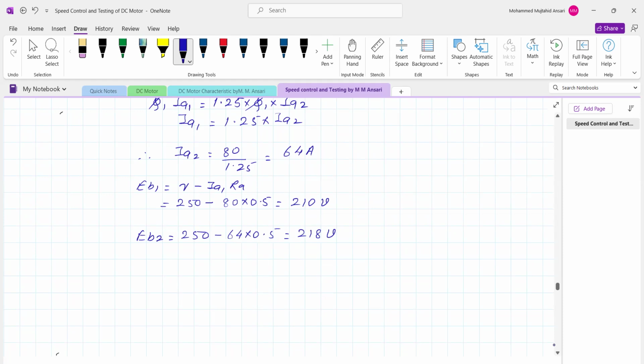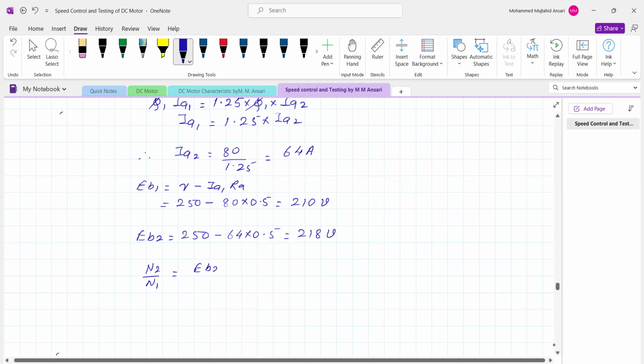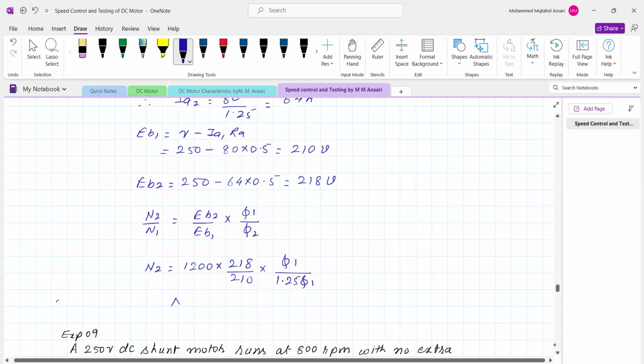So N2 upon N1 is equal to EB2 upon EB1 into phi1 upon phi2. So N2 is equal to 1200, whereas EB2 is 218 volt divided by 210 volt into flux phi1 divided by 1.25 phi1. So phi1 gets cancelled, and speed N2 is equal to 996 RPM.